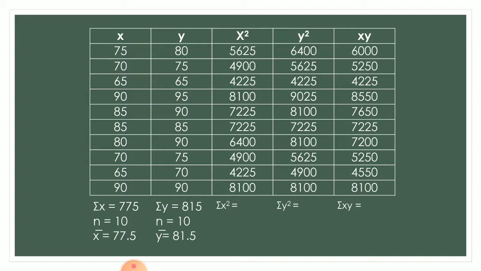Next is the summation of x squared. The summation of x squared is equal to 60,925. Next is the summation of y squared, or the sum of all the data under y squared, which is equal to 67,325. And the last one is the summation of the product of x and y, which is equal to 64,000.